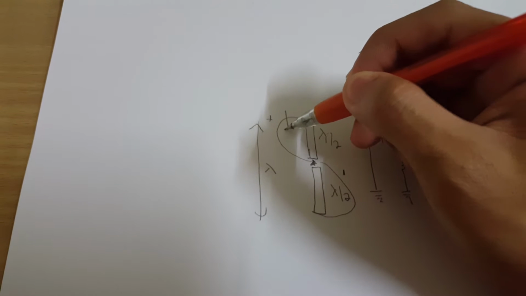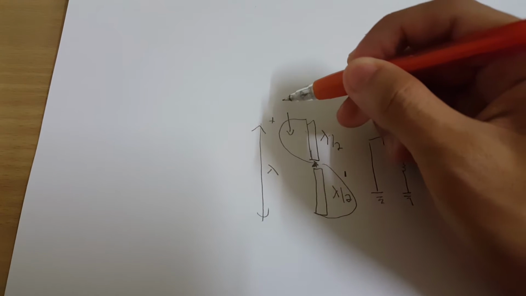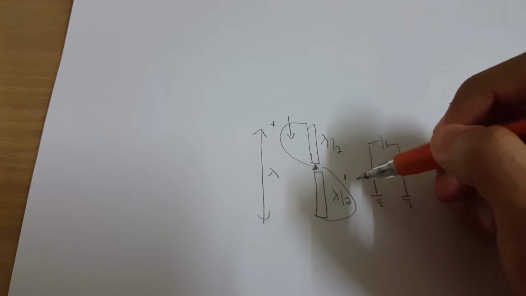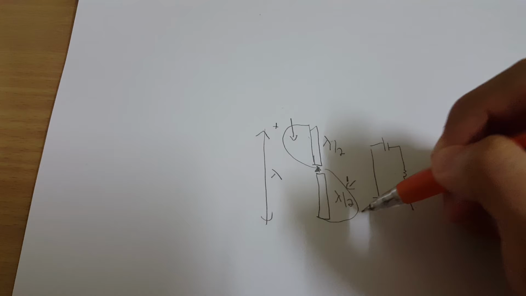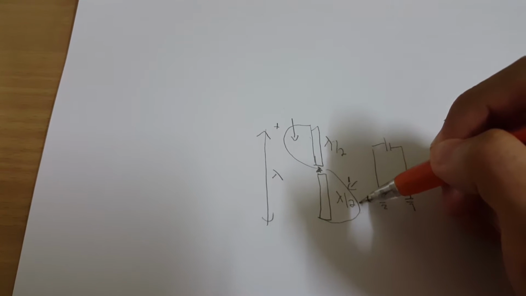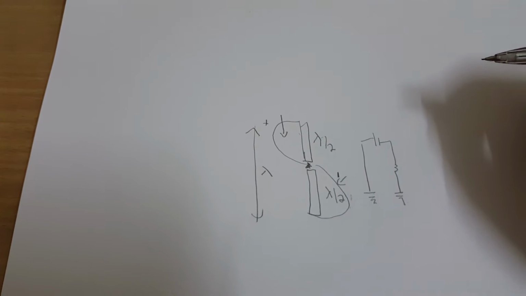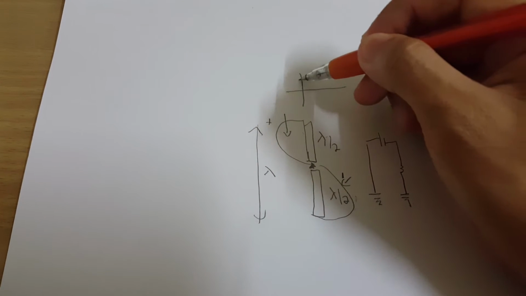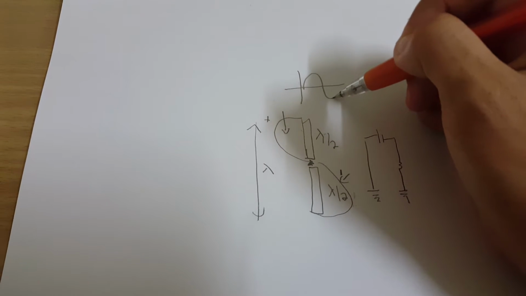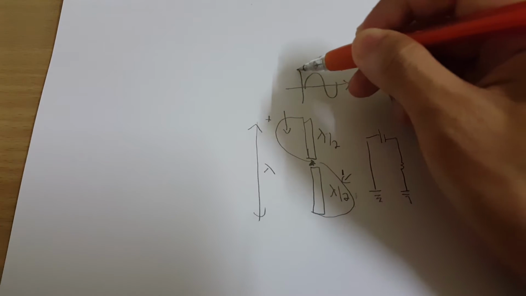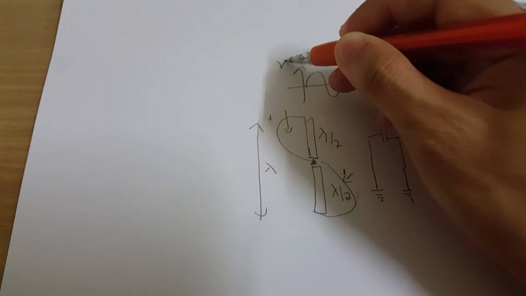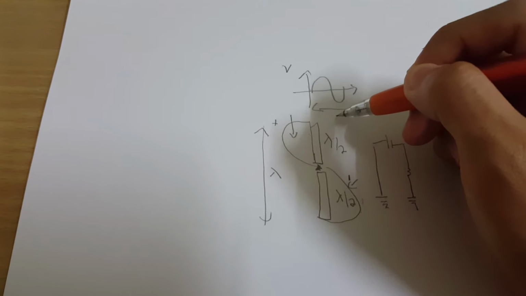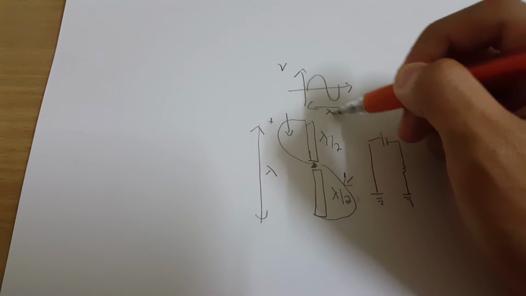So this one can be taken as the high voltage, and this one we can regard as the grounding, the lower potential. It becomes the ground of the antenna. So this is lambda.